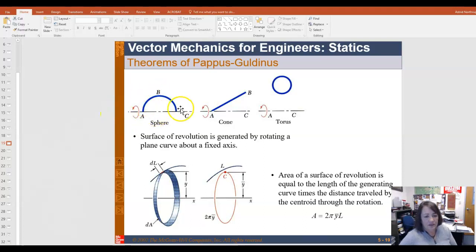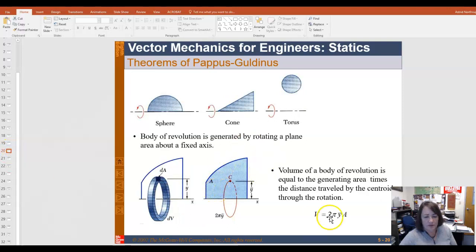So for example, the length of this half sphere is half of the perimeter of a circle. And so the length that you would use here would be 2 pi r divided by 2, which is just pi times r. This length would just be the length from A to B and so forth. And the torus, on the other hand, would be the entire circumference of the circle.